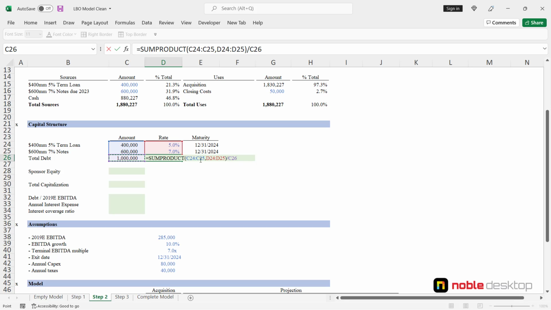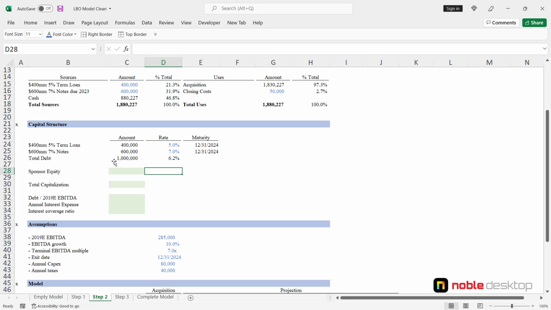So basically what happened here with the SUMPRODUCT formula, I multiplied 400,000 by 5% and then 600,000 by 7%, added them to each other, and then divided it by the total debt to calculate the rate for the total debt, which is 6.2%. Perfect.